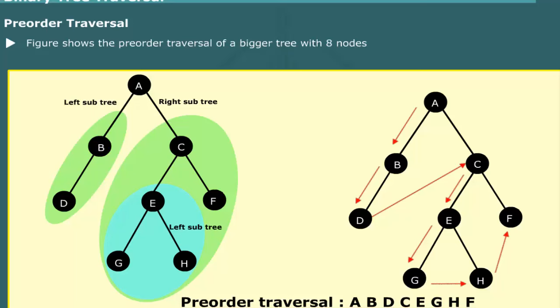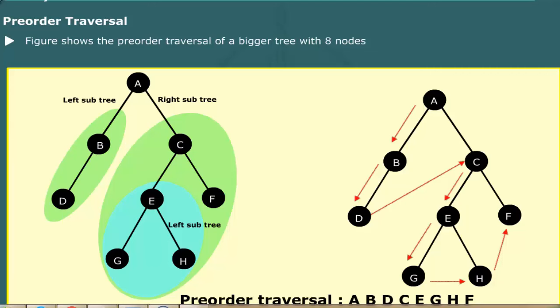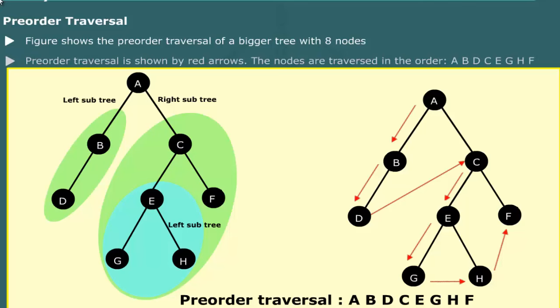Next, we first visit the root node C of the right subtree. Then we traverse the root node E of tree T3. This is followed by a visit to G and H. Last of all, we visit node F. Preorder traversal of this tree is A, B, D, C, E, G, H and F.